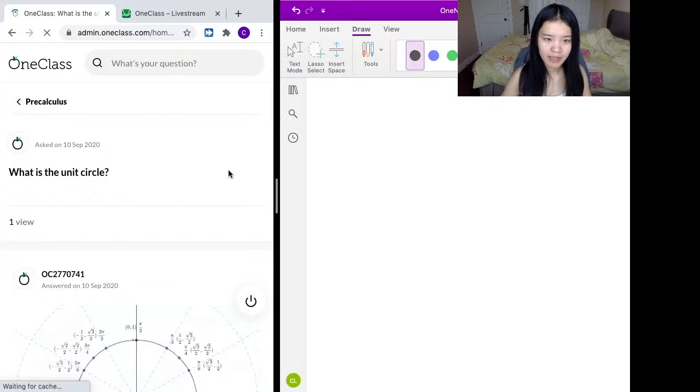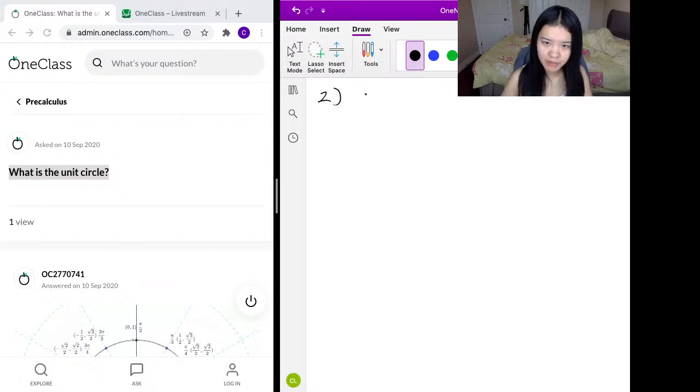So the second problem is, what is the unit circle? This is more a conceptual problem.